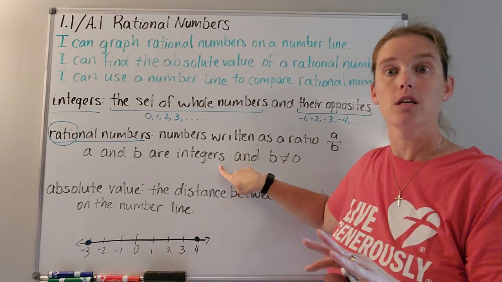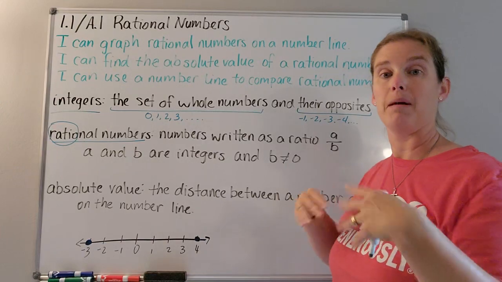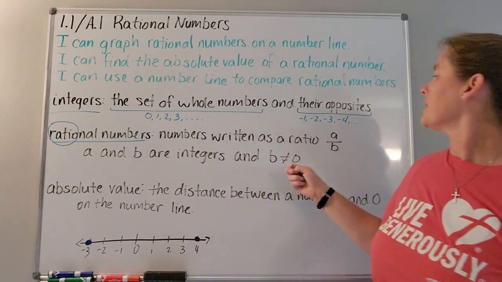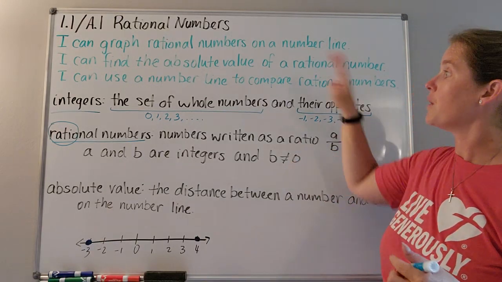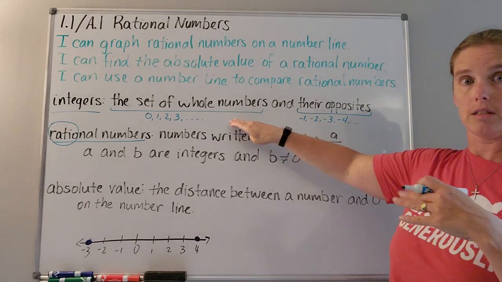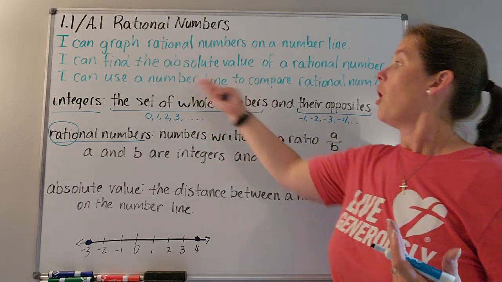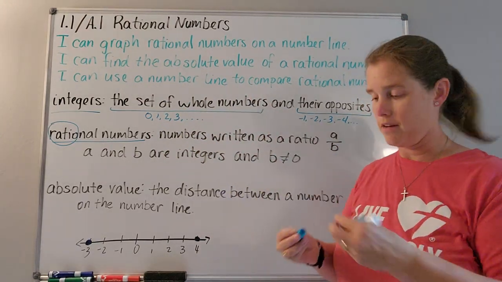So there's no fractions or decimals in the ratio that we're making, but it becomes a fraction, or we can make it a decimal. And then B can't be 0 because we can't ever divide by 0. So integers, no fractions or decimals. This, fractions and decimals. Plus all these other integers, because we can write any integer as a fraction or a decimal, right?